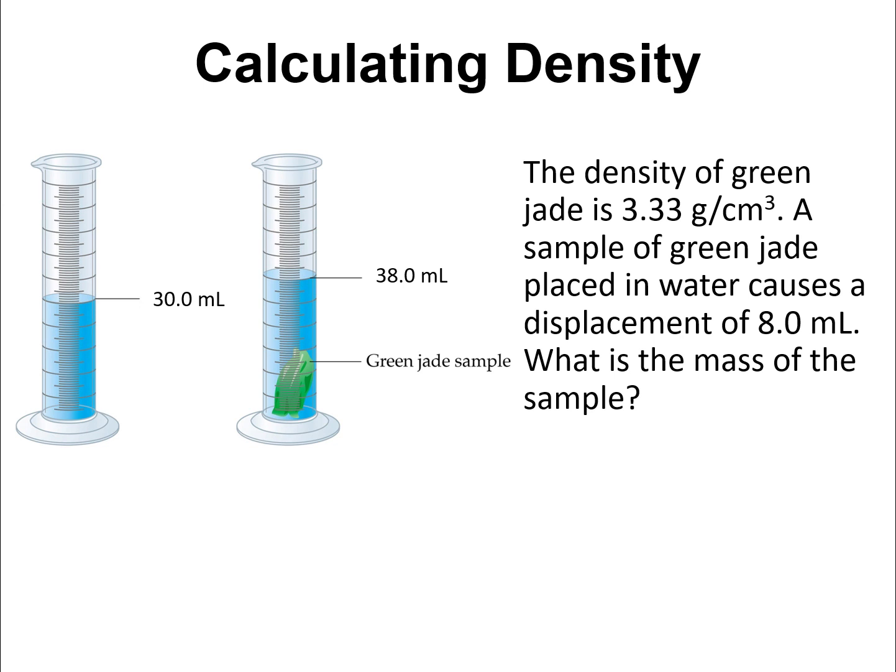And the difference between the initial volume and the final volume tells us the volume of the solid. Here, we know the density of the sample. It's 3.33 grams per centimeter cubed. We place a sample into water and it causes a displacement of 8.0 milliliters. We have to find the mass of the sample.